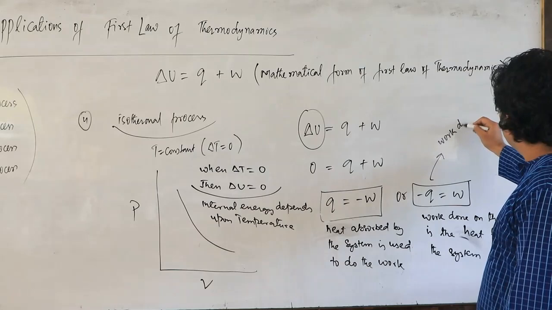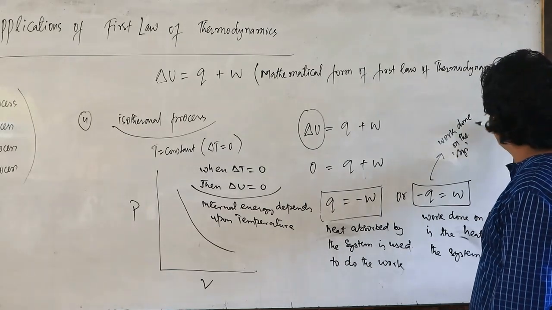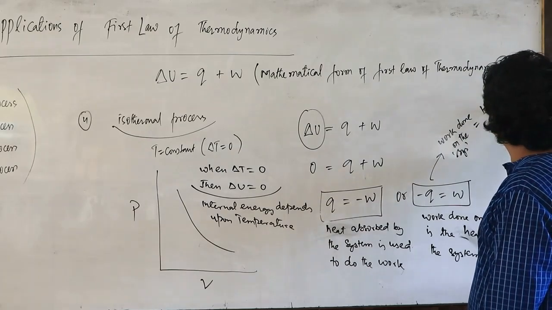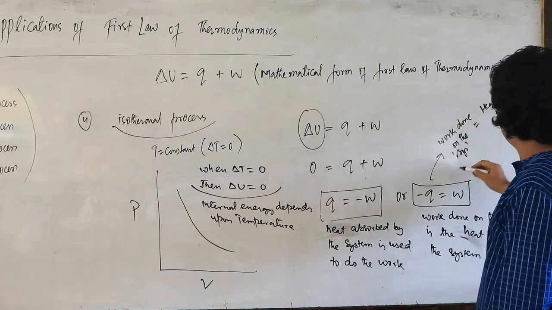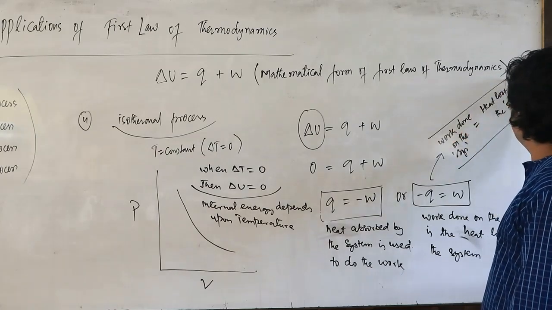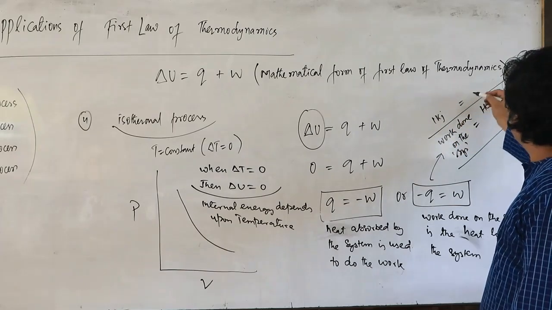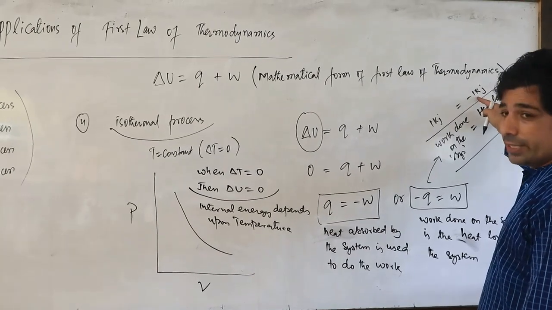So my dear friends, remember here, work done on the system is equal to heat lost by the system. Let us suppose I am doing 1 kilojoule of work. So how much heat is lost by the system? The same amount of heat is lost by the system.